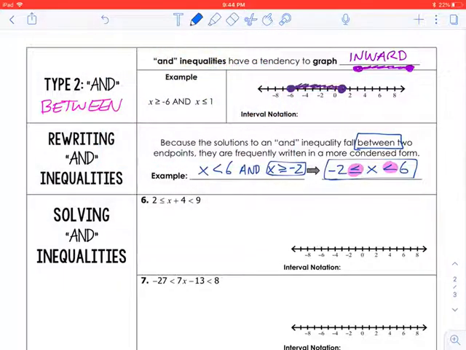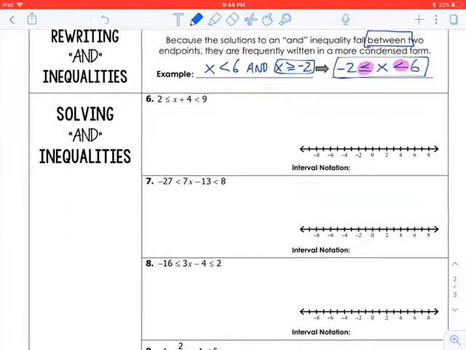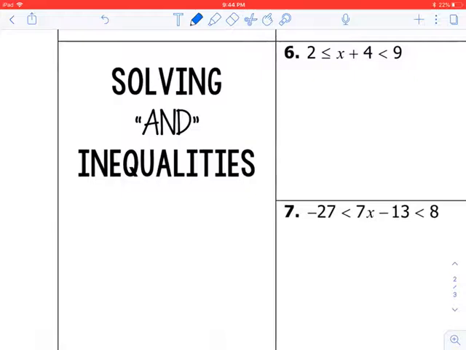So when you are solving "and" inequalities, you want to get x by itself, which is nothing new, right?